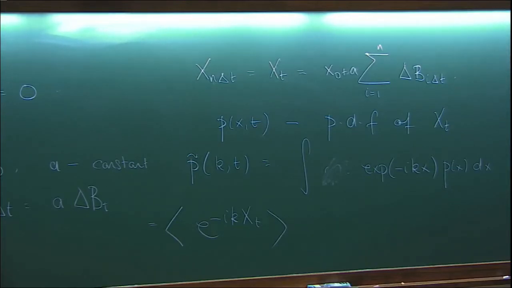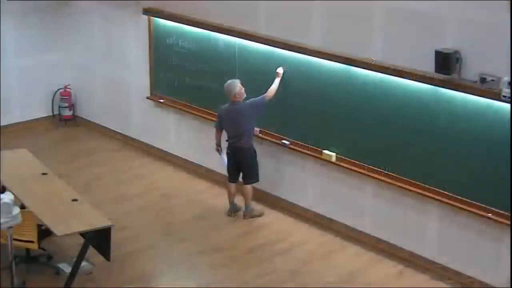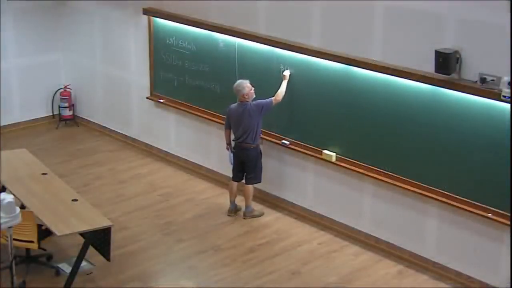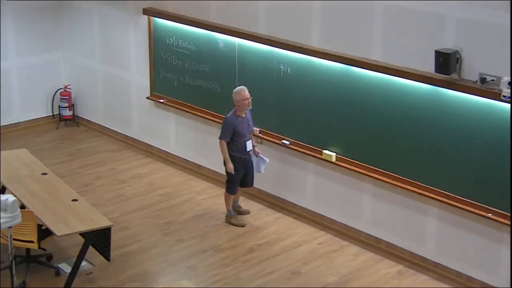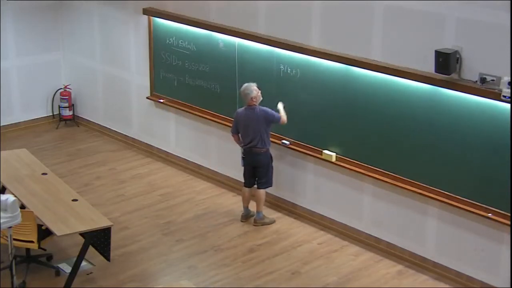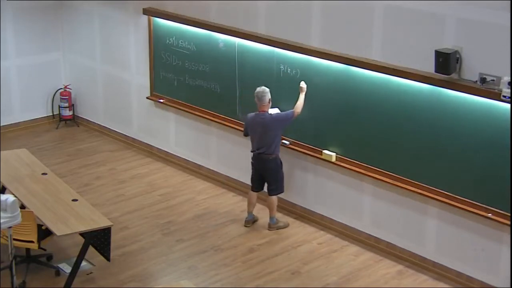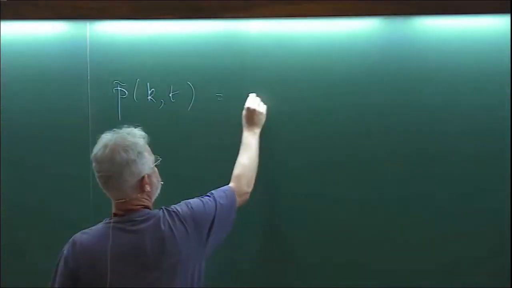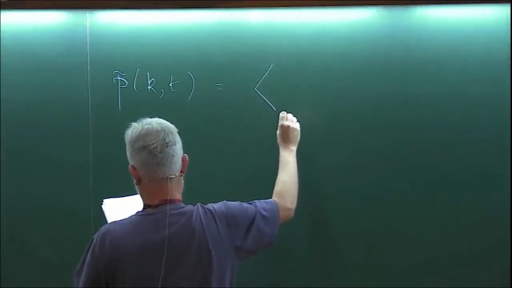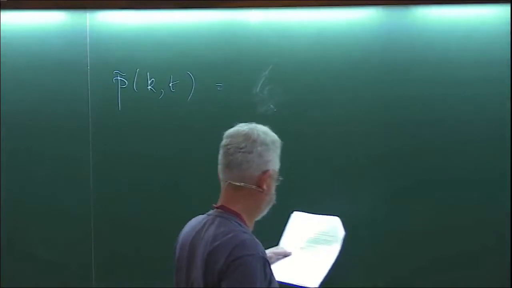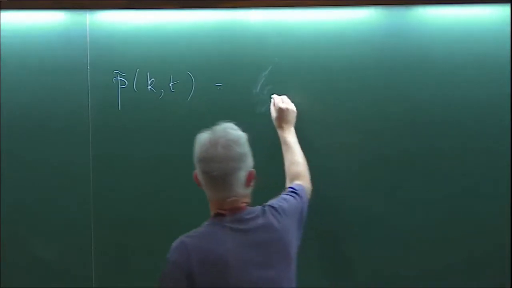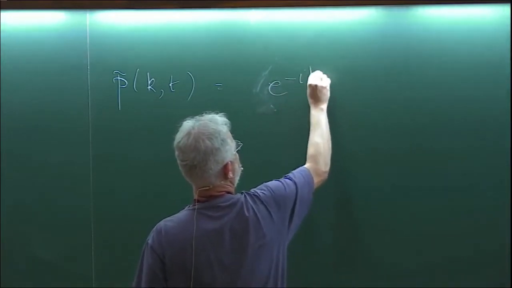So I want to compute this Fourier transform. So this means that p tilde of k of x of t is equal to the expected value of... if I look at what this is here, I have the x of 0, so I can take out e to the minus ik x of 0.